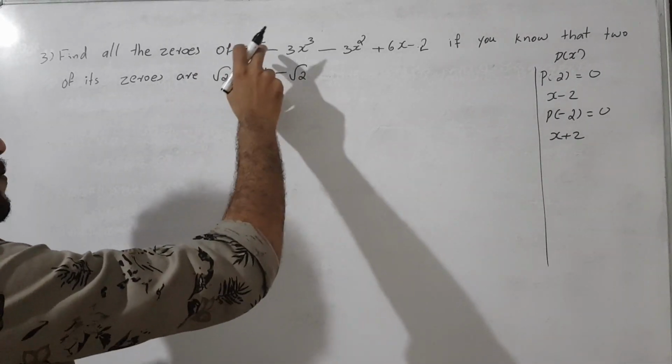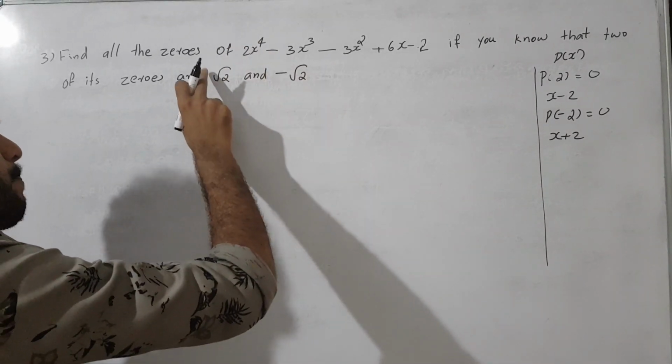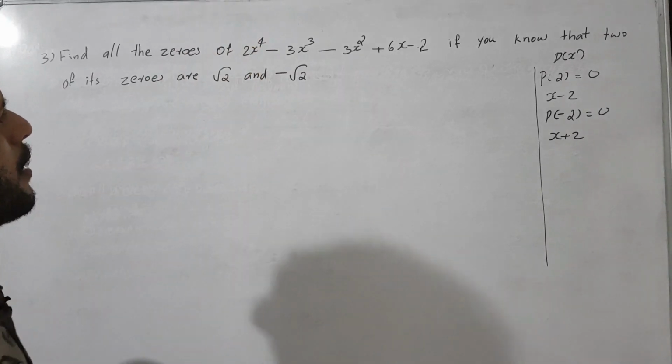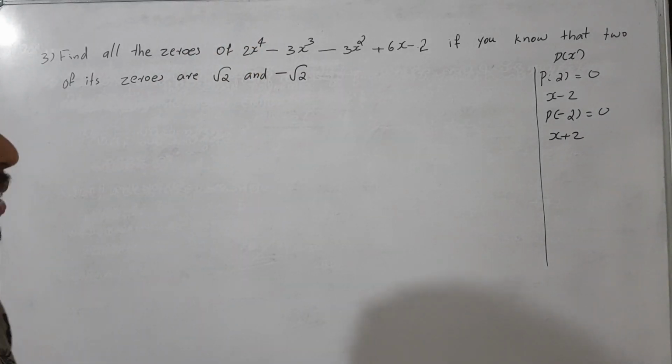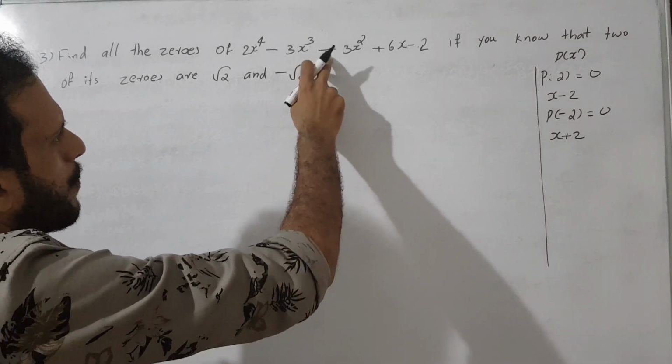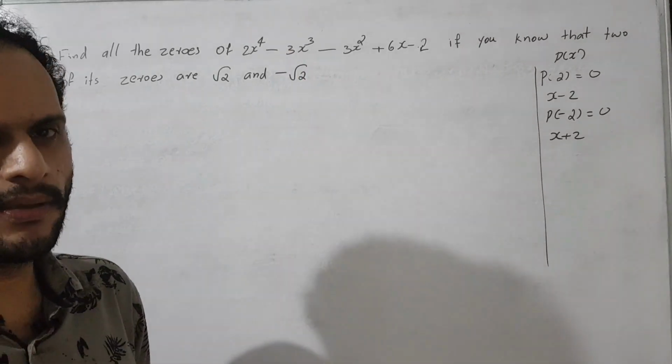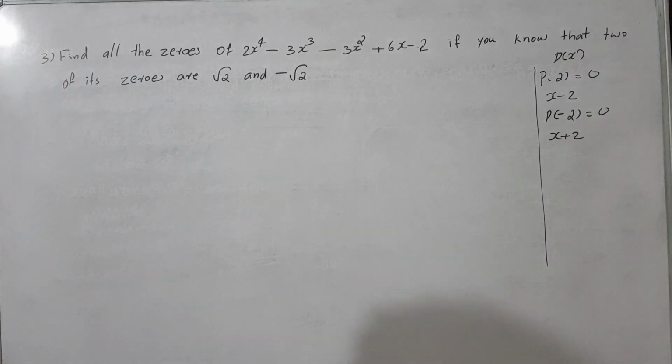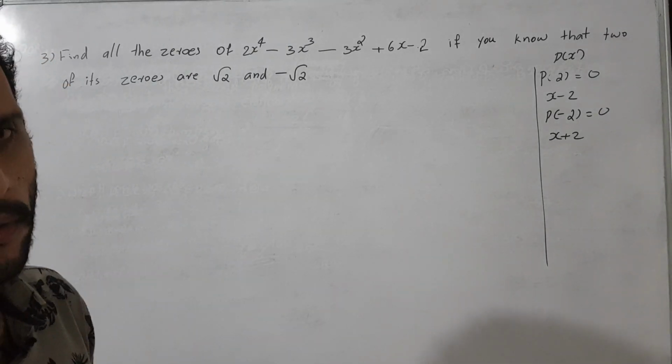So what is the factor? x minus root 2 is the factor. If minus root 2 is a zero of the polynomial, then the factor is x plus root 2.